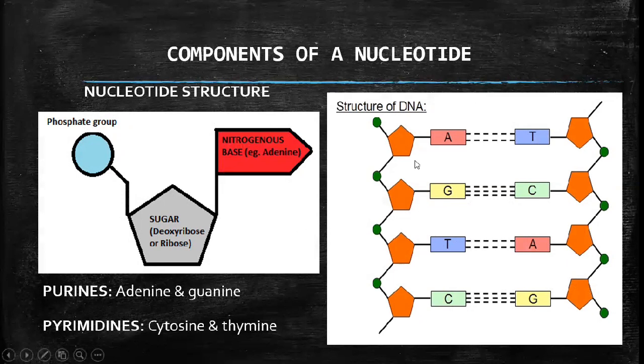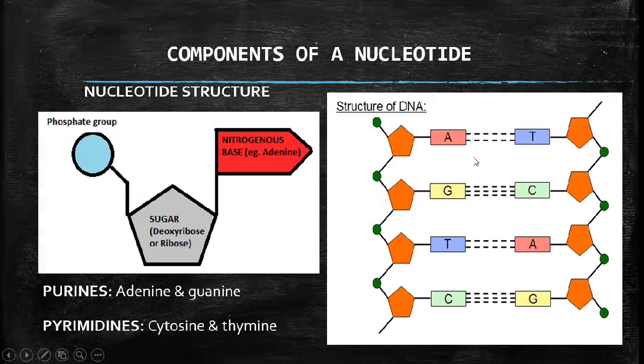Now looking at the structure of our DNA, remember our DNA is a double-stranded molecule, or a double helix. This chain here on your left is a chain of nucleotides bonded to one another, and it's also found on your right. So it's double what? Stranded. It has 2 strands. In each and every nucleotide, as I've discussed, we have a phosphate, a sugar, and one of the 4 nitrogenous bases, joined together as you can see here.